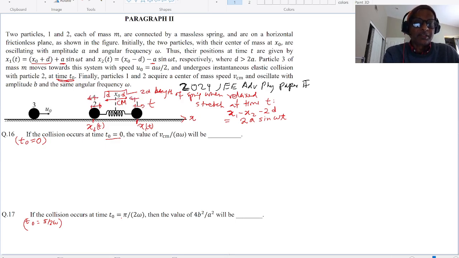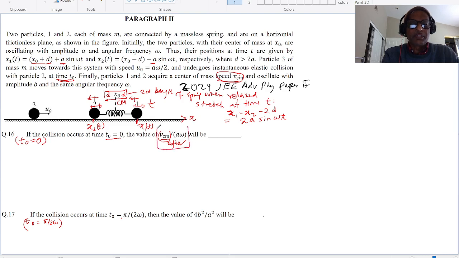Depending on the instant you pick, the velocity may be pointed in different directions and may have different magnitude. So the CM of this system has velocity VCM, and this is supposed to be after the collision.